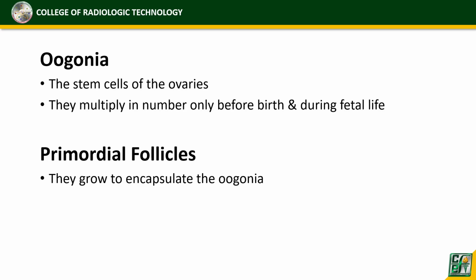Okay. So oogonia, the stem cells of the ovaries, multiply in number only before birth and during fetal life. So meaning kapag after birth and after the fetal life, isang oogonia lang, tapos magiging isang follicle, then isang corpus luteum, and then isang mature ovum.